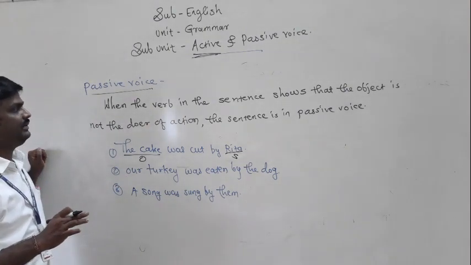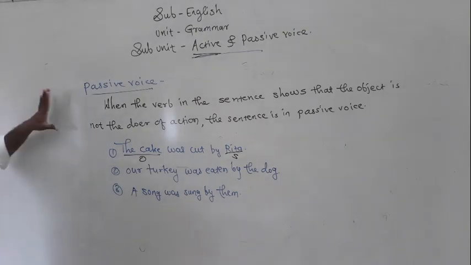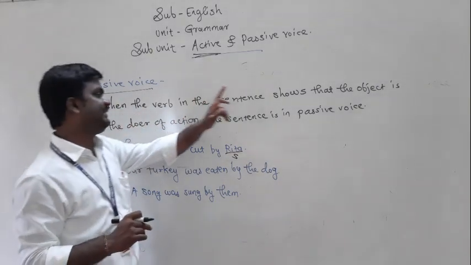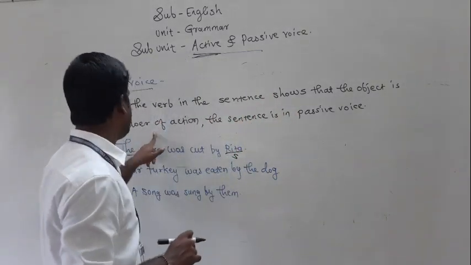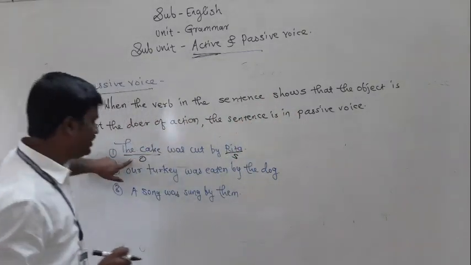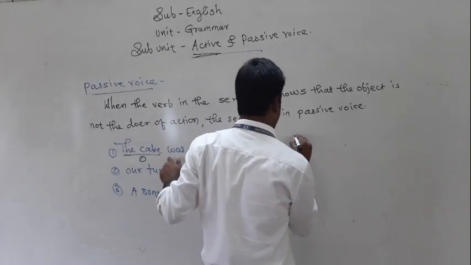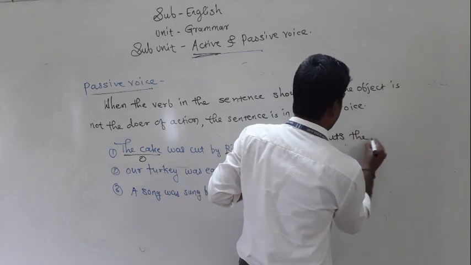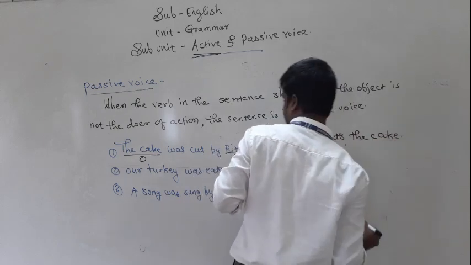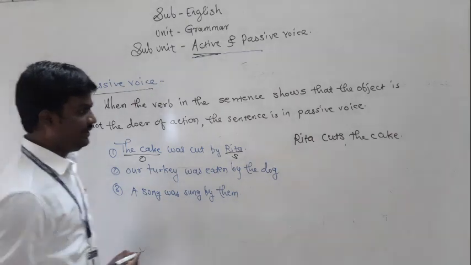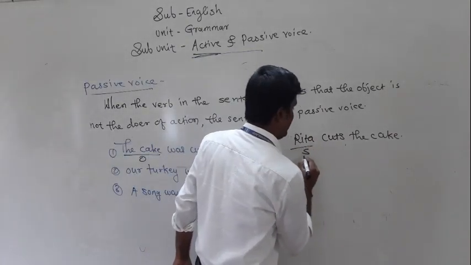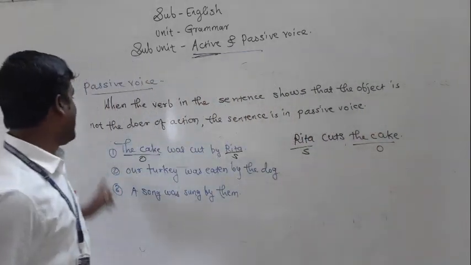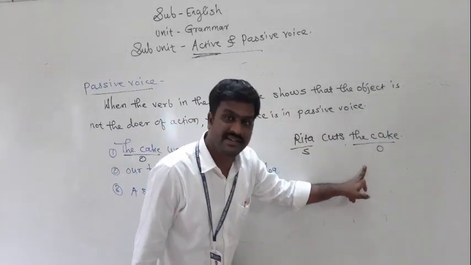Okay friends, now we discuss what is meant by passive voice. Friends, when the verb in the sentence shows that the object is not the doer of action. In the previous statement, it was given that Rita cuts the cake. Here, Rita was working as the doer of action, and here it is an object, but that object is working as a receiver.